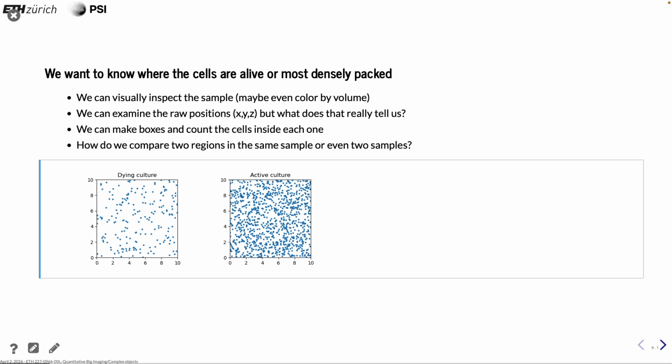You can see it in two images by eye, but if you have series of many of these images, it's not so fun anymore to do the swiping, living or dying culture. So this is what we want to do. And the question is how we can compare these regions in the samples.